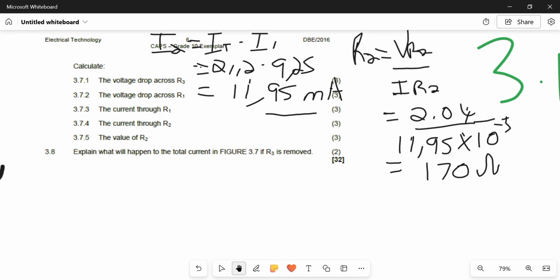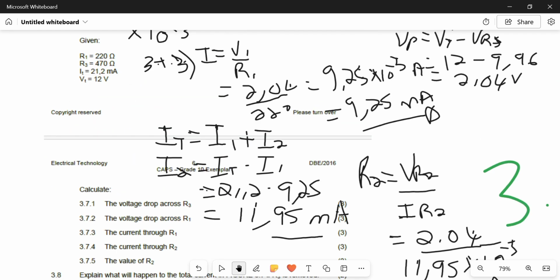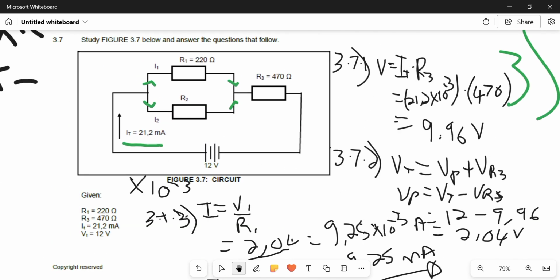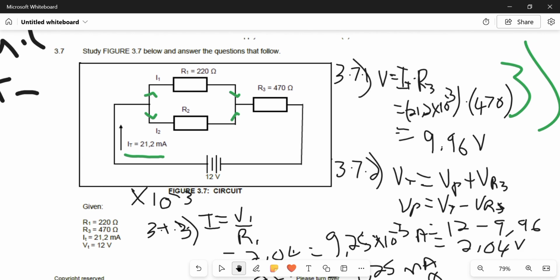Explain what will happen to the total current in figure 3.7 if R3 is removed. This one I'm not going to write, but I explained it when I was interpreting the circuit: when R3 is removed, the total current will increase.